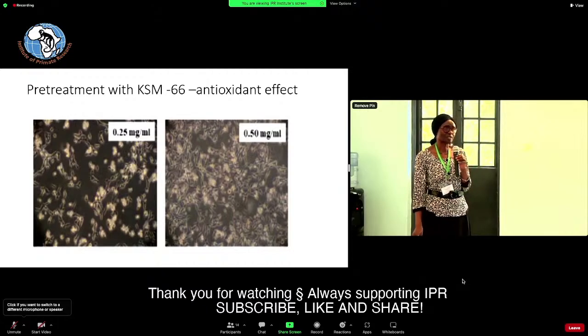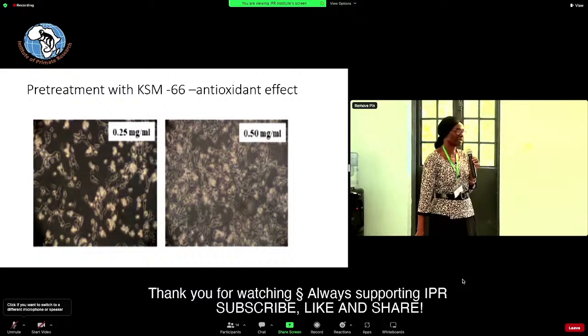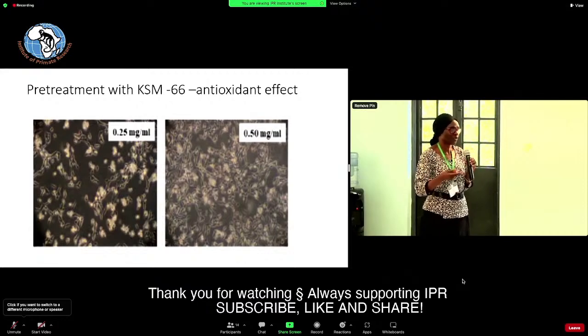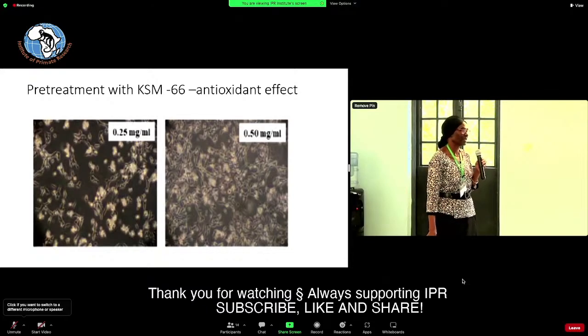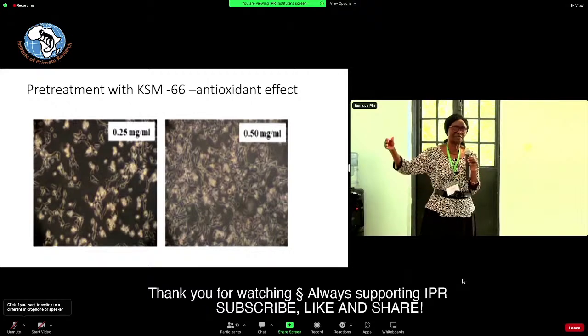So what this is showing is that pre-treatment of the cells with the Withania root extract for 24 hours, and then applying the 6-hydroxydopamine, the Withania extract managed to protect the cells, as you can see from the difference in the pathology.